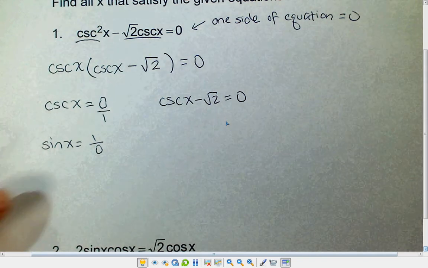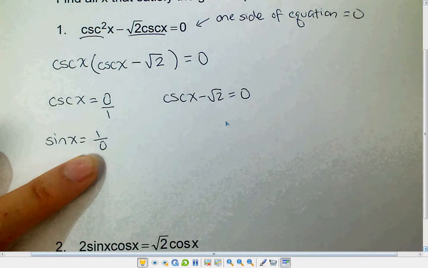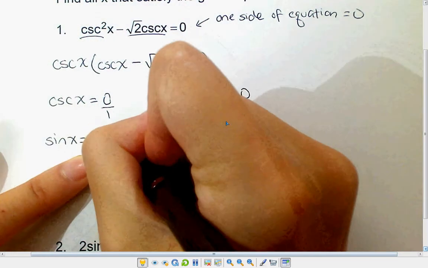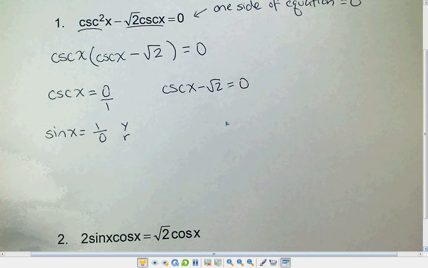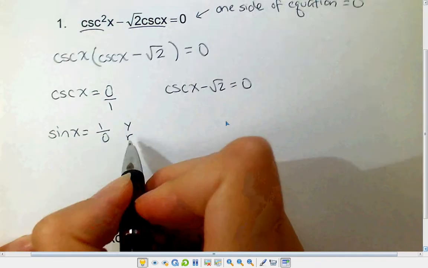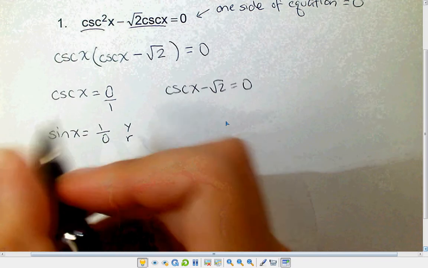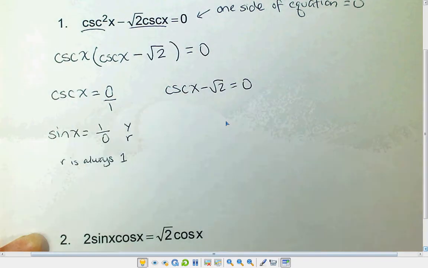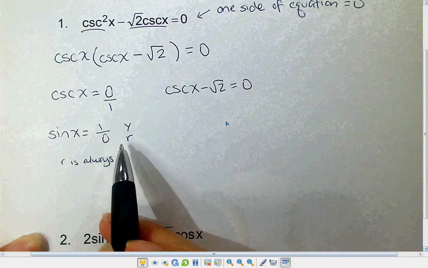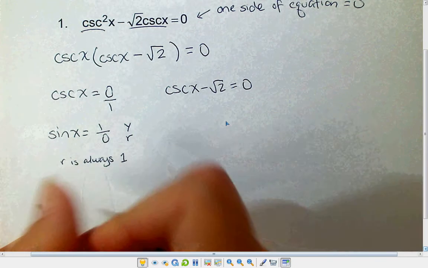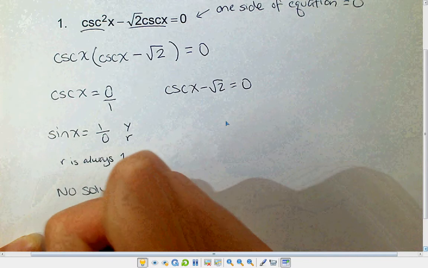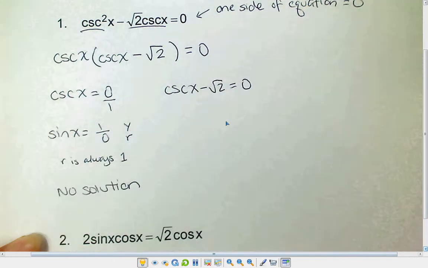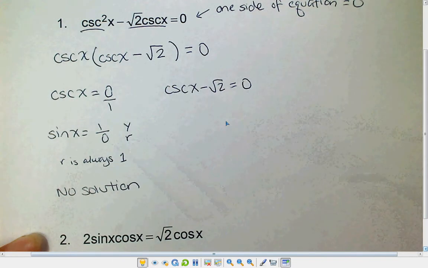Looking at our trig ratios, because this is clearly something not inside of our chart, this is going to be something we use our y over r for. This is telling us that our r has to be 0, but we know that r is always 1 on our unit circle, so it's impossible for r to be 0. So this is another one that has no solution because it is impossible for r to be equal to 0.